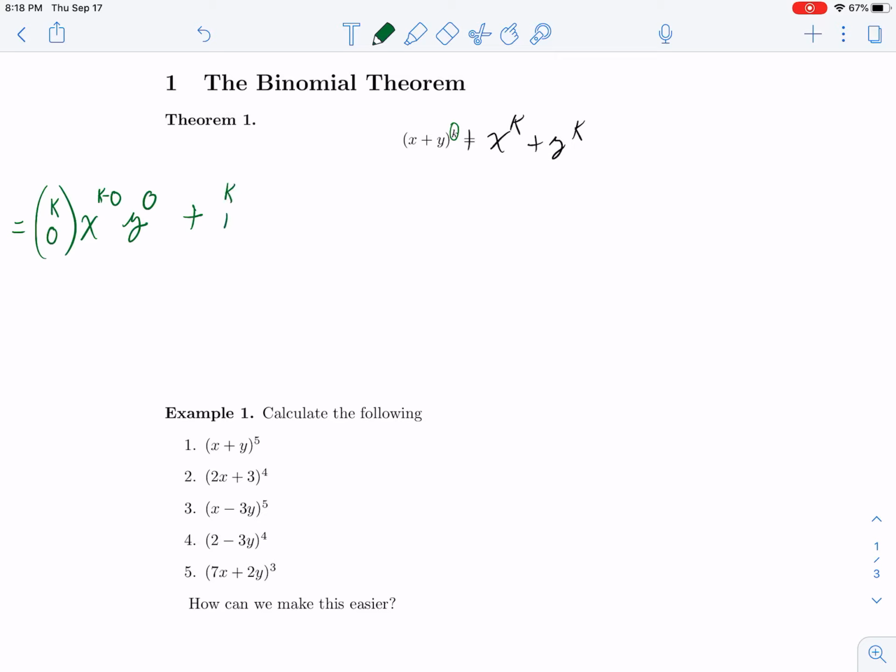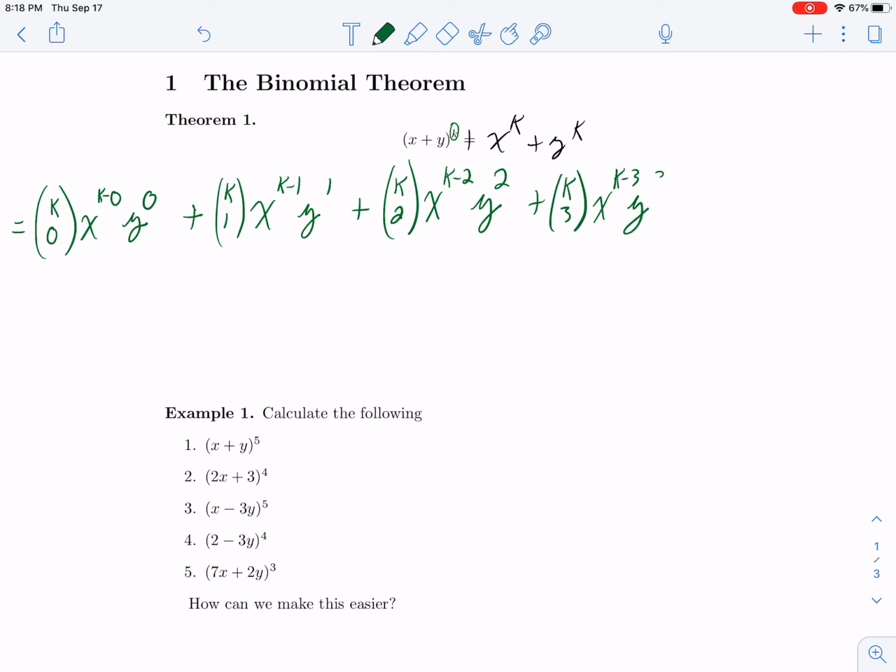Then it's going to be k choose 1, x to the k minus 1, y to the 1, plus k choose 2, x to the k minus 2, y to the 2, plus k choose 3, x to the k minus 3, y to the 3, and so on until the last one is k choose k, x to the k minus k, y to the k.